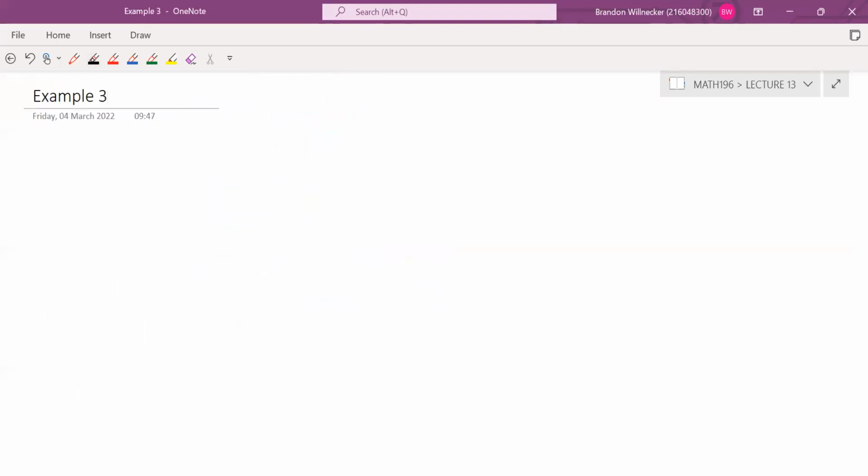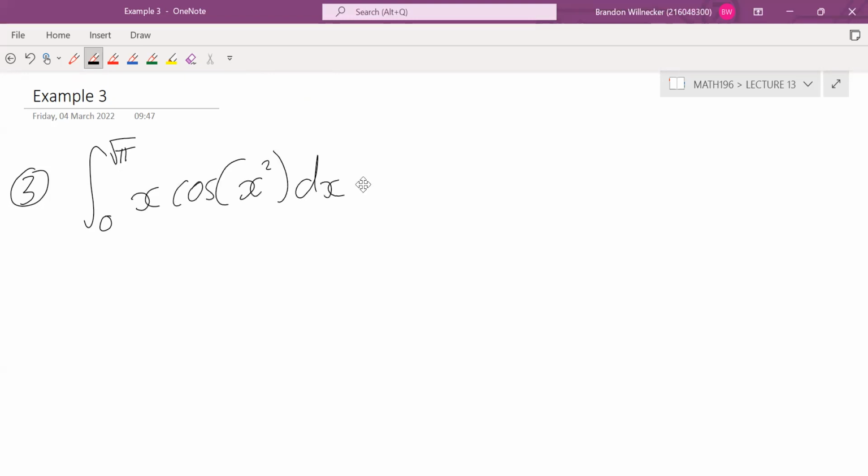Number 3. Okay, so we've got the integral from 0 to the square root of pi, x cos x squared dx. Okay, so that's the integral. Remember step 1, step 2, step 3. So step 1, u is equal to something.